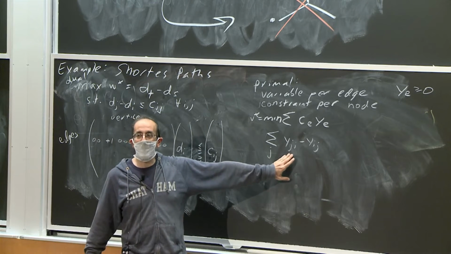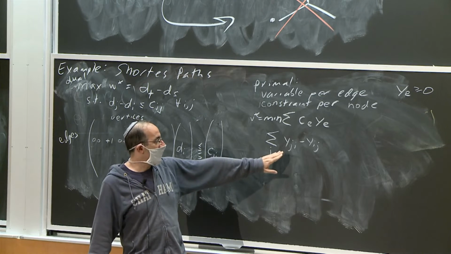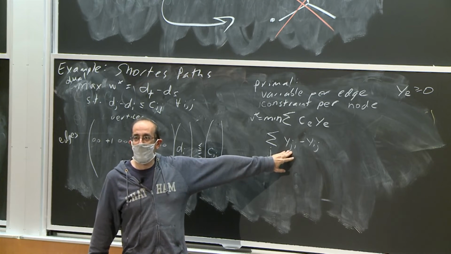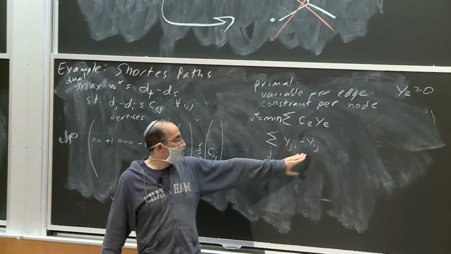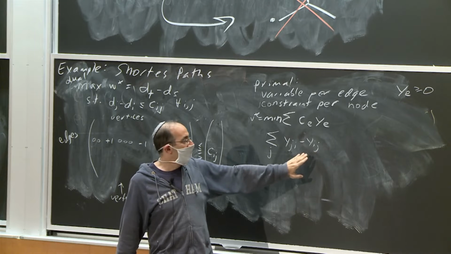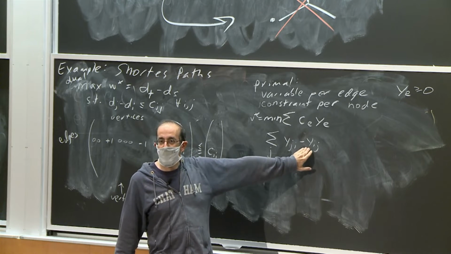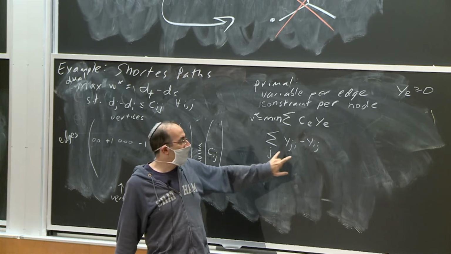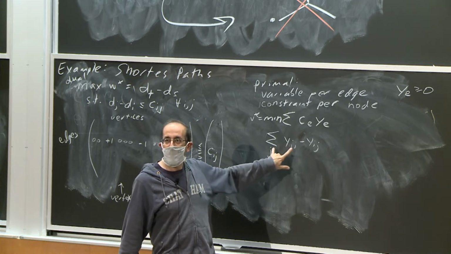If there is an edge going in to vertex I, then that gets multiplied with a positive coefficient on y, right? If there is an edge going out of vertex I, then I need a -1, so that means that I subtract that variable instead, right? So this is what the constraint looks like.